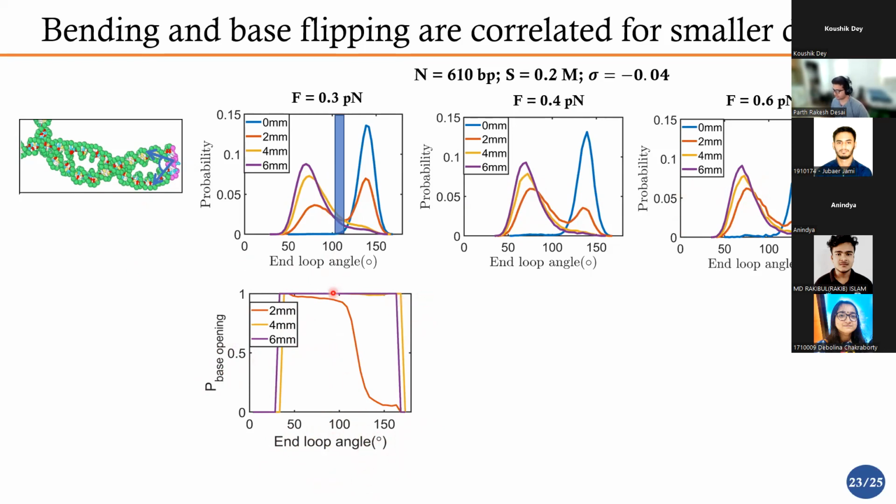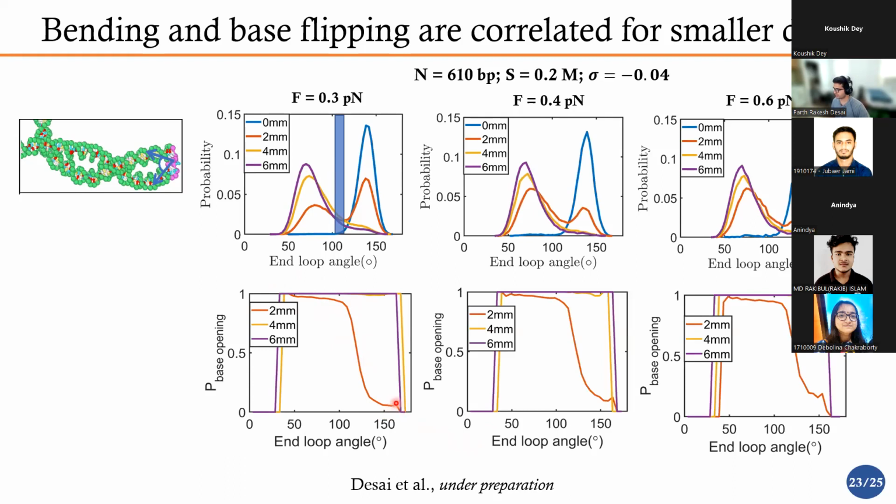But for the 2 mismatch case, the probability of the base being open for a particular end loop angle decreases as the end loop angle increases. This is very interesting, something that you couldn't see with theory or experiments. And for higher forces, again, we see a similar effect. For the 2 mismatch, we can see a direct correlation between the end loop angle bend and the probability of the base pair being open.